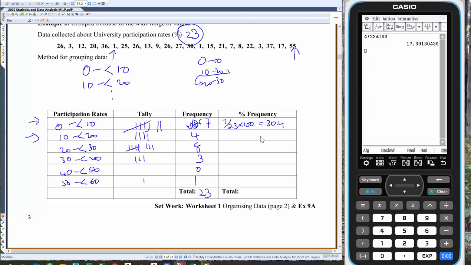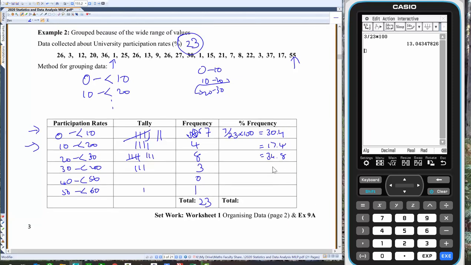I think we did that one in the last example. 8 should be double that, so that should be 34.8. Let me check that. Yep. Then 13.0 and 4.3.